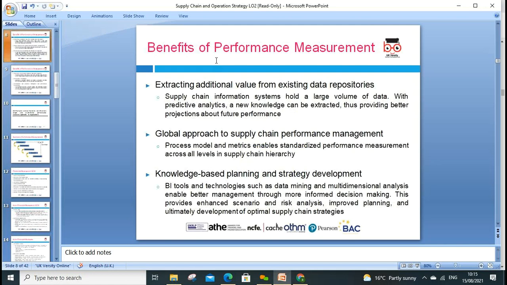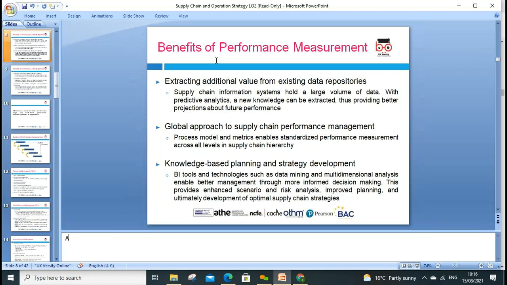Okay, so the benefit of performance is extracting additional value from existing data. Of course, we always look at how we can add value where we have a gap. So it is always good to have an audit. What is meant by audit? What do you think? Why audit?